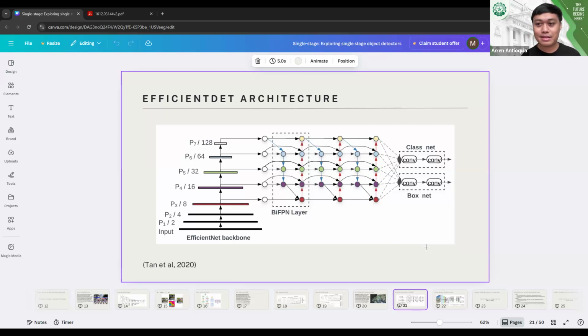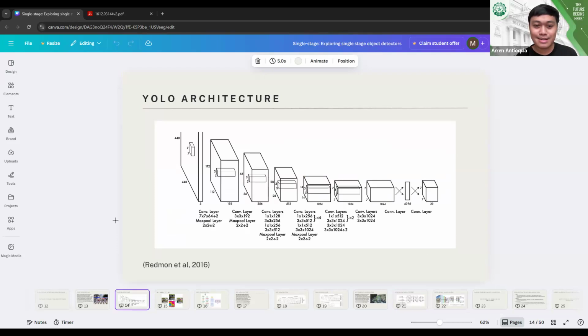Anyone familiar with the YOLO architecture? I think most of us are familiar with that. Are you familiar with the first version of YOLO? YOLO V1 discussed here. Joseph Redmond actually stopped doing research after YOLO V3, if I'm not mistaken.